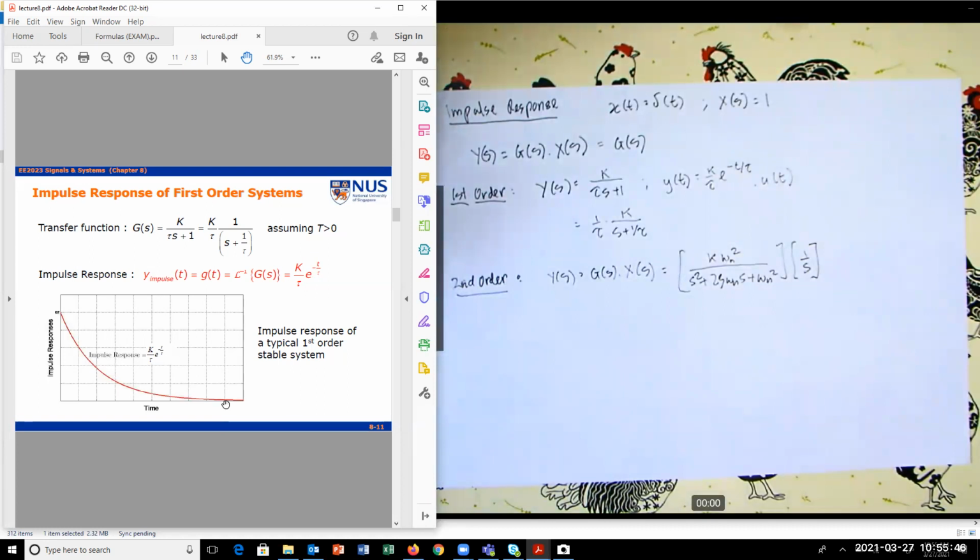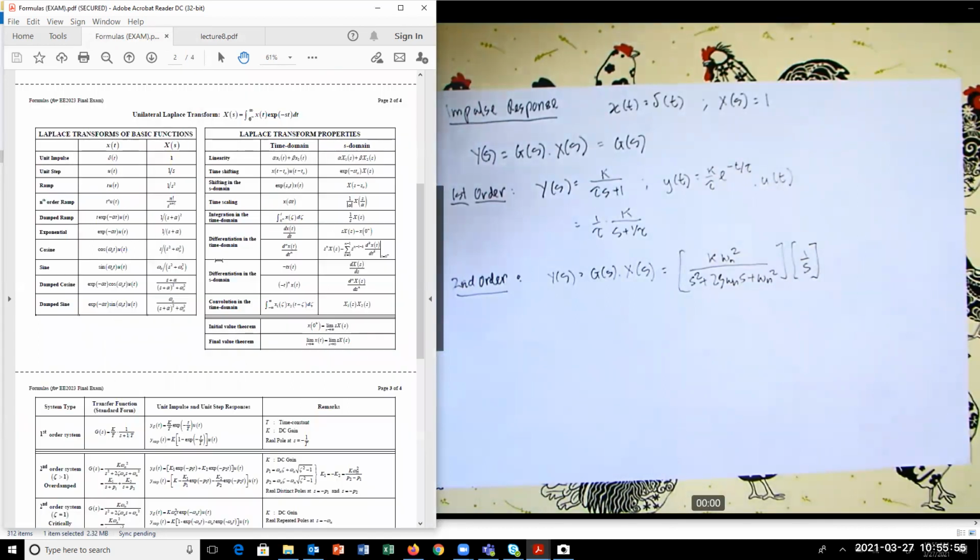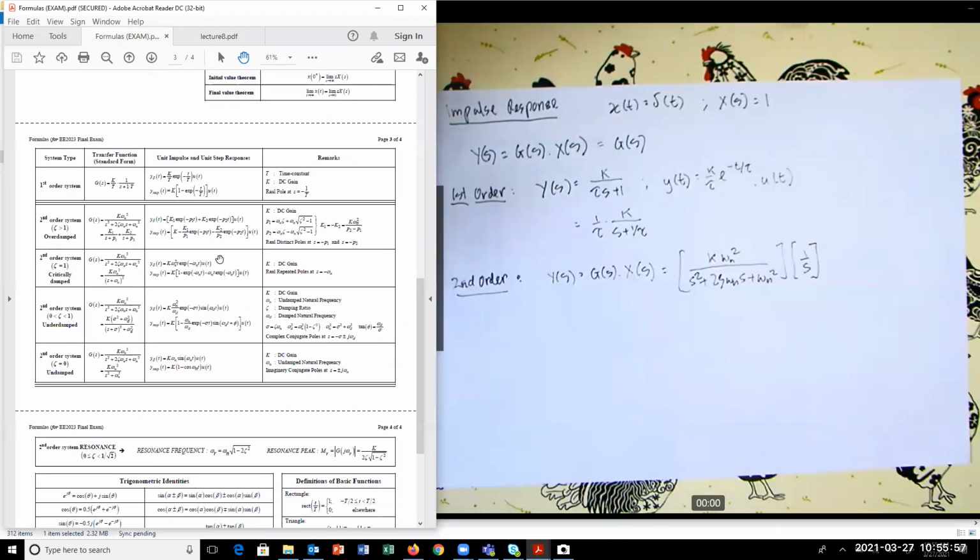If you do your factorization and your inverse Laplace transform, what you will get is what you have in your formula sheet here. Those are your 4 cases. So I'm just going to summarize those 4 cases.